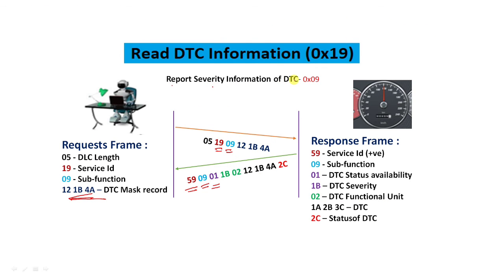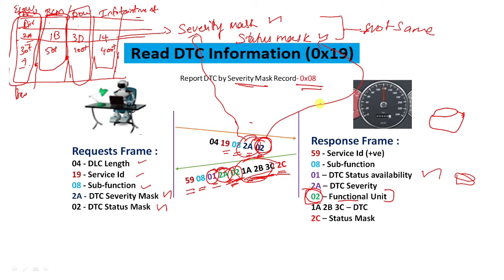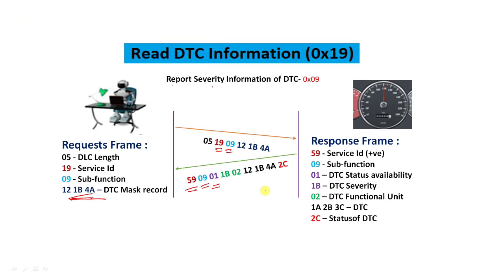Now report severity information. Okay, fine. Now here we fetch this input and we got the DTC. Now, for example, if you know the DTC, but you don't know the severity and you don't know anything about the DTC, which functional group it is, which functional unit it is, what is the severity, you don't know anything. You know only the DTC, but you want to know the severity. Now, this is the subfunction you can use, 09. See, 1909. You can just fetch the DTC.